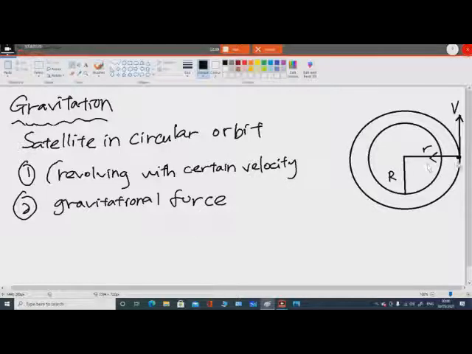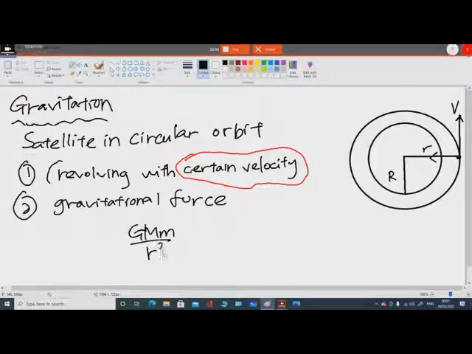Suppose it should be like that, but with a certain velocity here, as the satellite moves with a certain velocity, and this causes the satellite to revolve around the Earth, so this gravitational force will eventually equal our centripetal force.